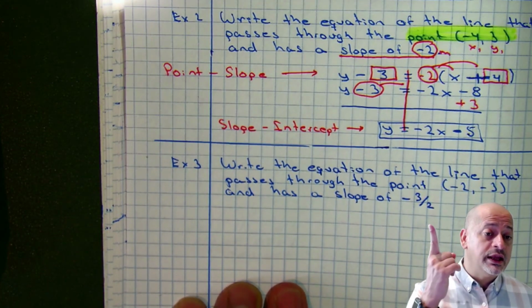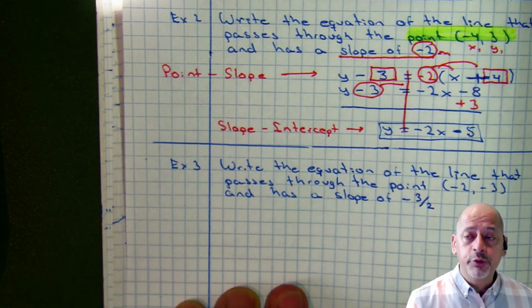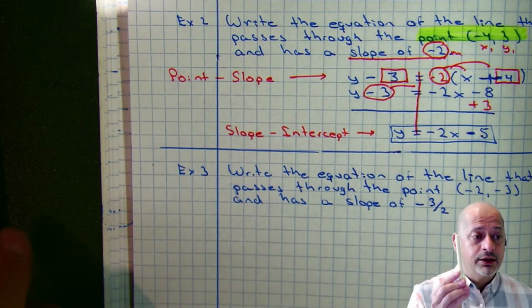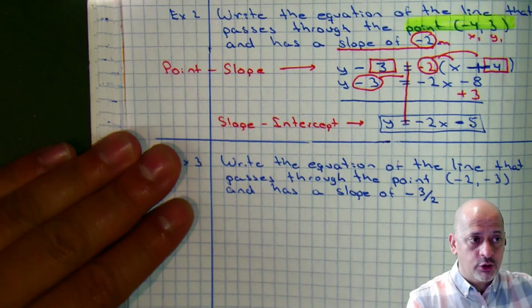So now we have a slope that's a fraction. So see if you can set up the problem. Go read through it, highlight, use the red pen, and then we can do it together afterwards. Go and pause it.